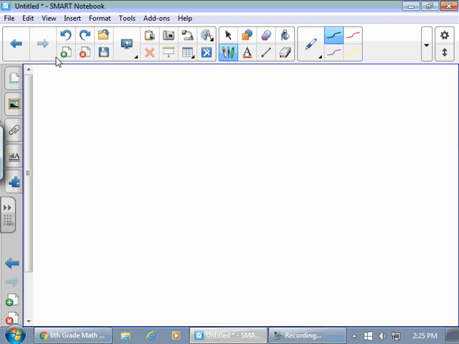Okay, now we're going to do a whole number. So I'm going to have 1.5 times 1/4. That now means you have to make 2 rectangles to color 1.5.